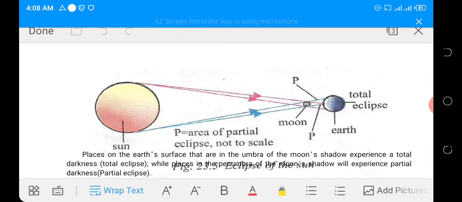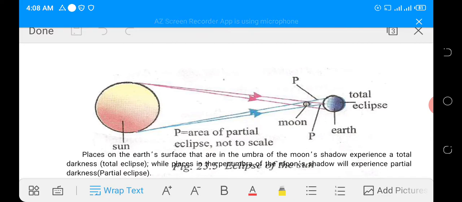As shown from the diagram, the areas that experience the eclipse can be divided into two. Some we see the total darkness, and they are said to be experiencing total eclipse, while some parts we see partial darkness, and they are said to be experiencing partial eclipse.